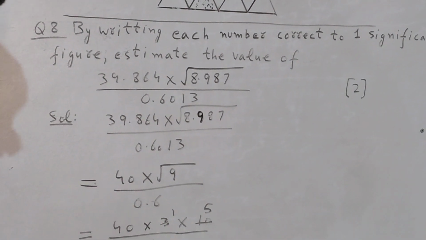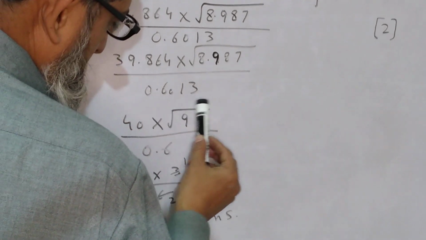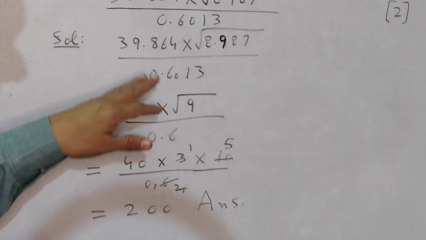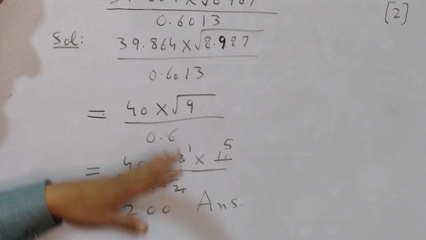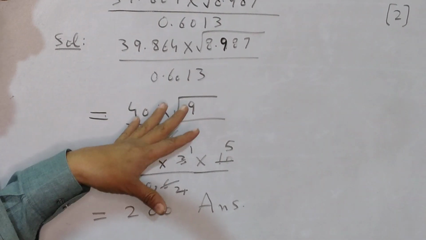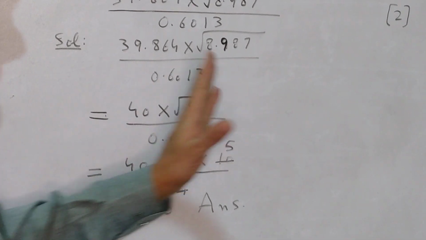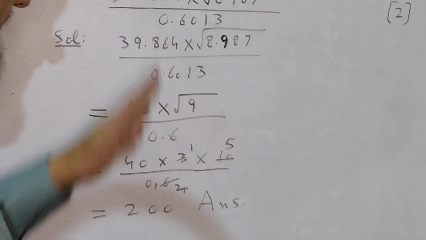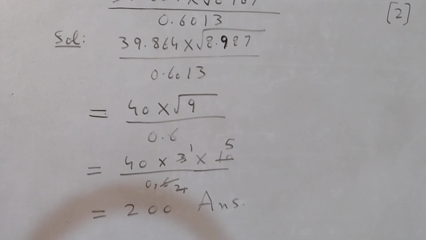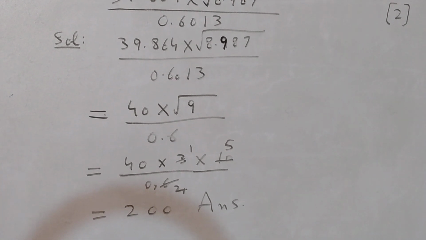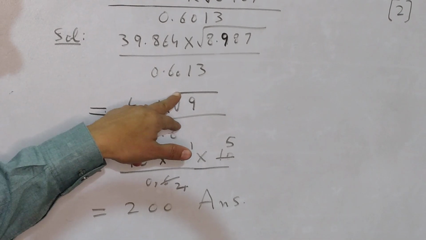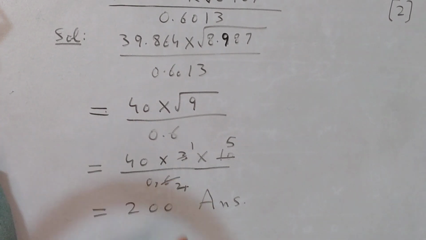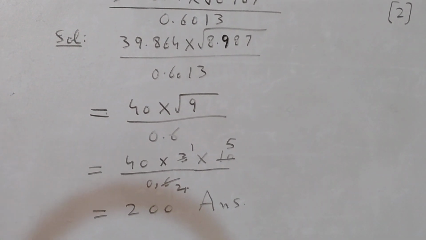In the denominator we see 0.6013. After the first non-zero digit there is 0, which is less than 5, so it would not affect 6. So 013 would be removed, and it would become 0.6. Now we have three terms: 40, square root 9 and 0.6. The square root of 9 is 3, because 3 squared is 9.